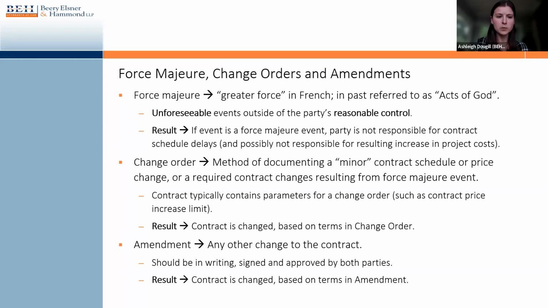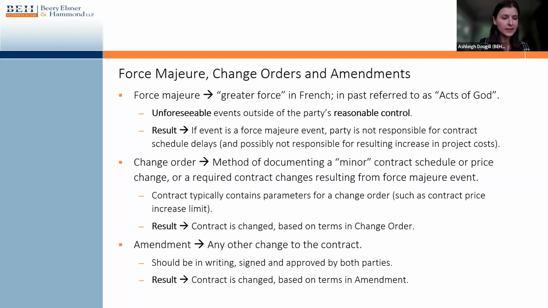So most often force majeure comes up in the context when you have a really strict delivery schedule or project schedule. And because of some unforeseeable event outside of the party's control, maybe delivery is delayed and they need to have an excuse for not being able to have delivery on time. Force majeure can include your typical fire, famine, flood, but it can also be civil unrest or civil disturbances.